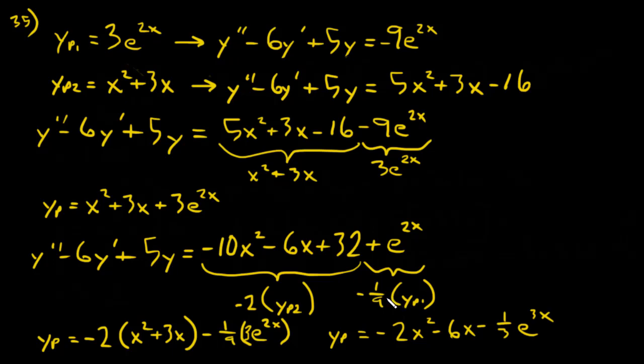Okay? So you can always build a particular solution out of a linear combination of particular solutions, and that's totally fine. It's still a particular solution. So check and check. Alrighty, so that was homework.